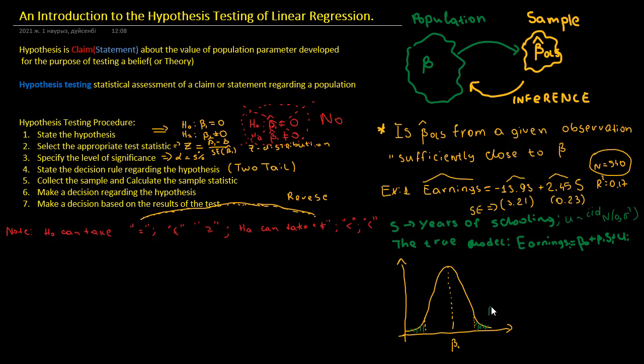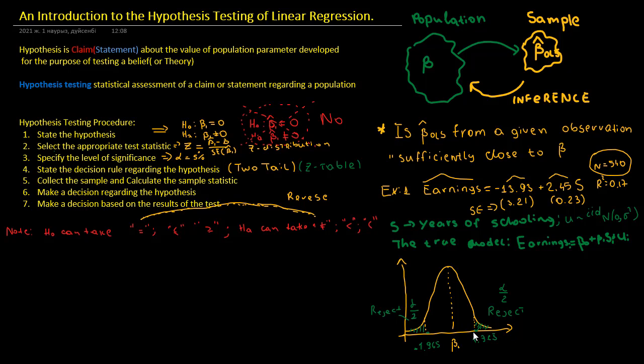We look at the value from the Z table, the table value of the statistic, which is minus 1.965 and 1.965. This is step 4.